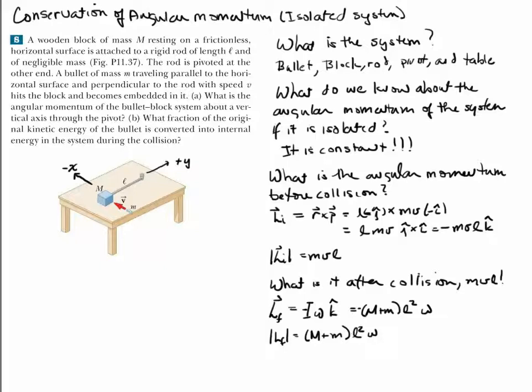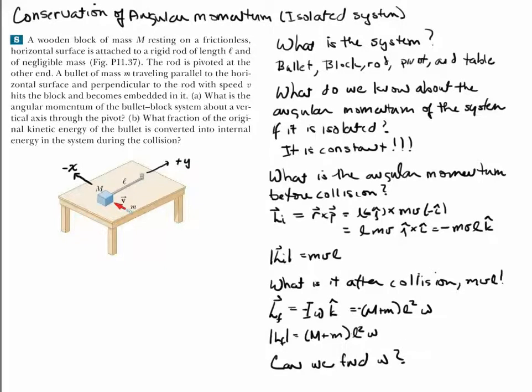And the magnitude is simply going to be M plus little m quantity times the lever arm L squared times the angular velocity. Now we're going to have to set that equal to the original angular momentum mvL, because our goal is to find this omega, the angular velocity.